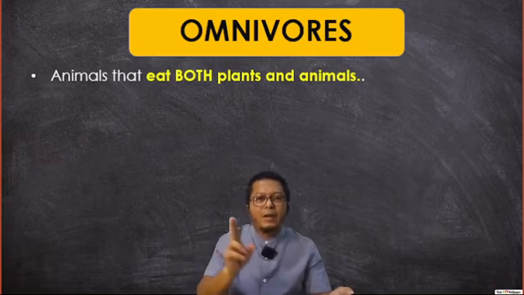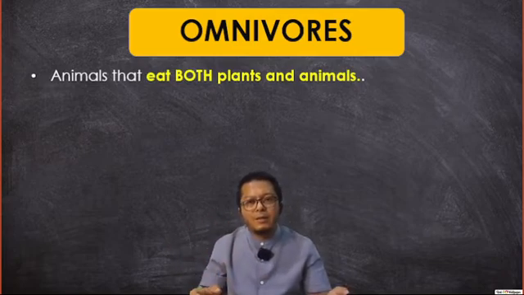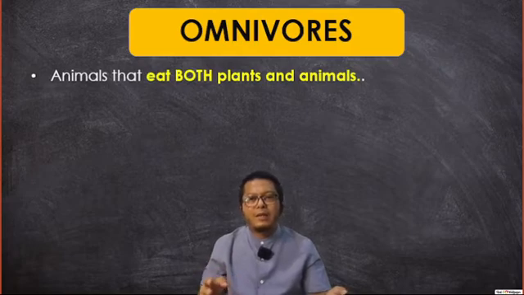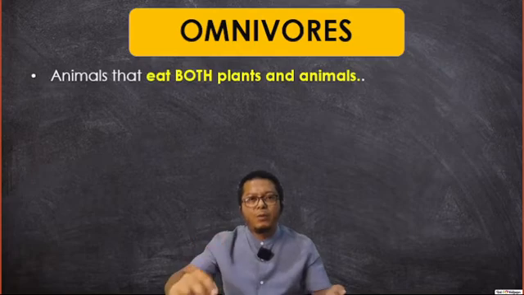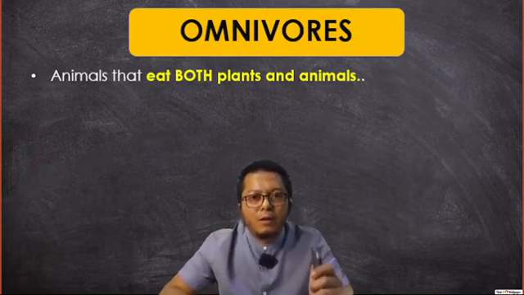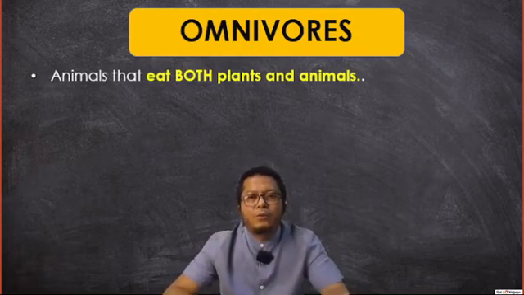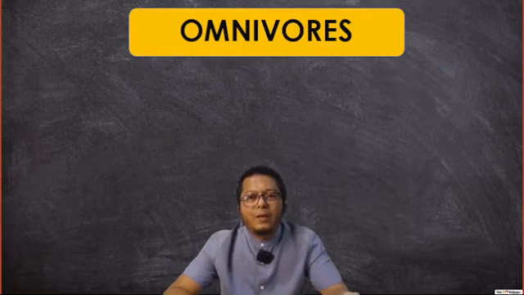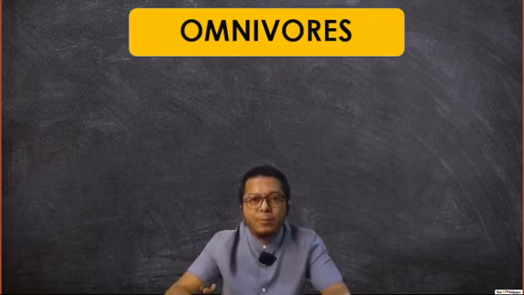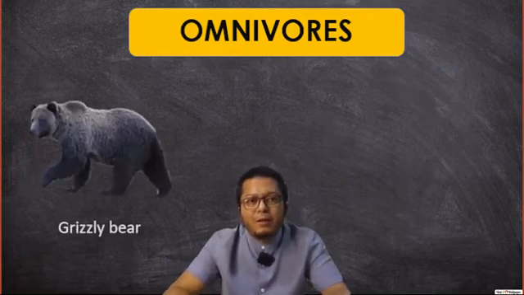Plants, animal too, both. So these animals can eat plants, and these animals can eat animals too. Omnivores can eat both plants and animals. Boleh makan dua-dua. Okay, what animals can eat both plants and animals?